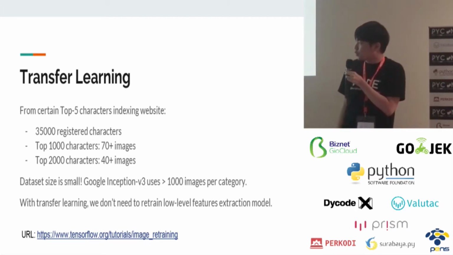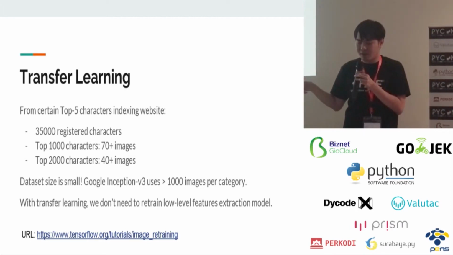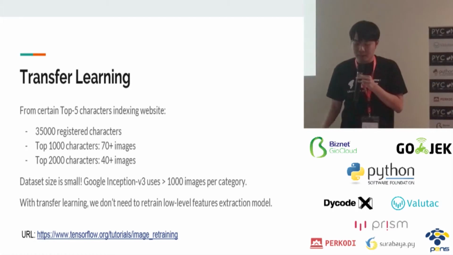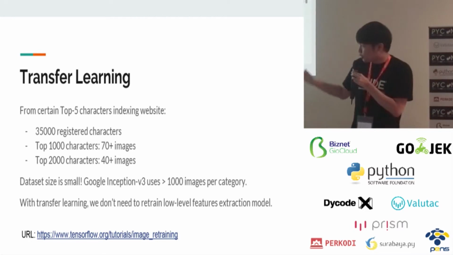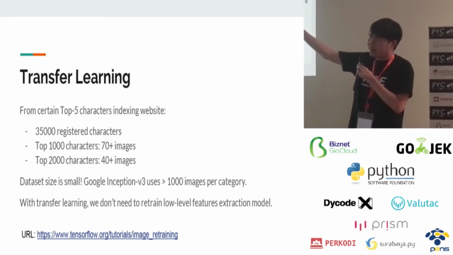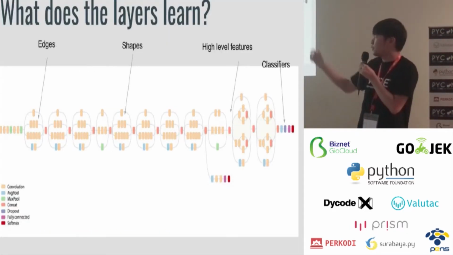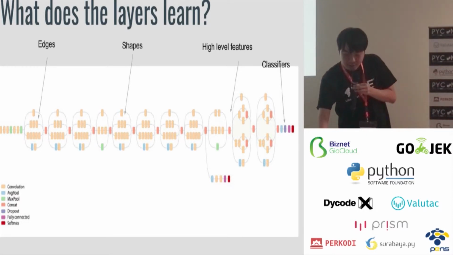For example, the top 2,000 characters only have probably around 40 images per character, but they have more than 30K registered characters. So with transfer learning, the idea is we don't need to retrain the low-level features. So we don't need to retrain how to detect proper edges from anime characters. We don't need to learn how to detect shapes from anime face characters.